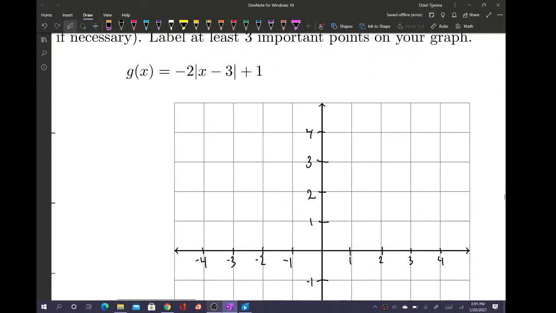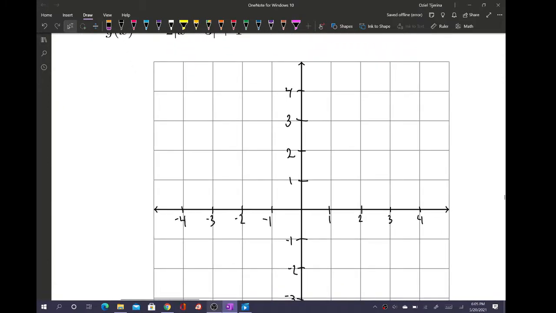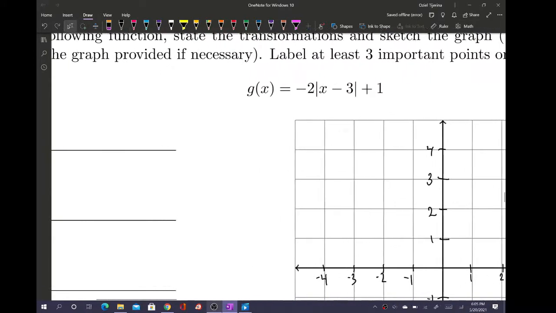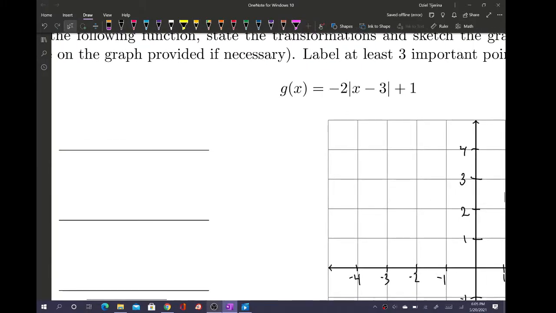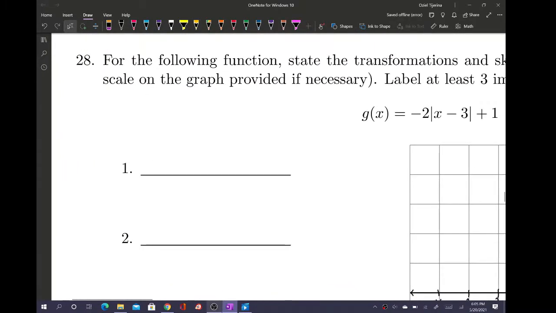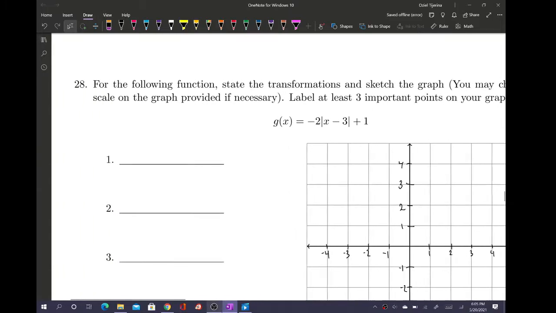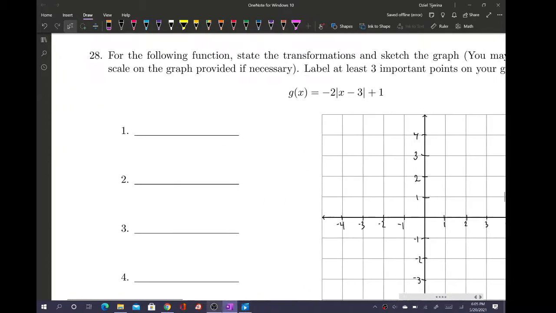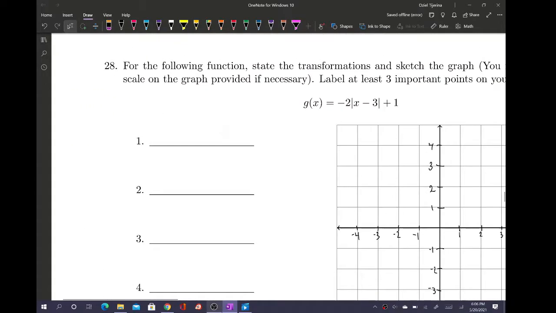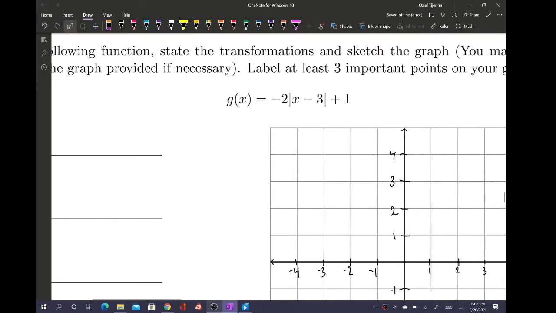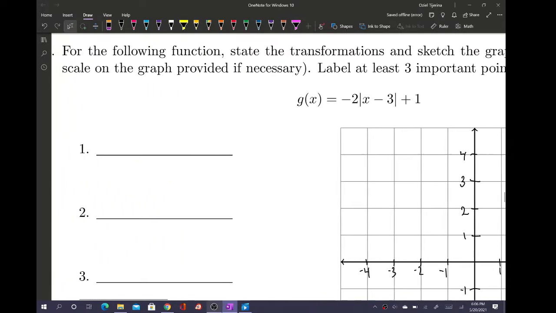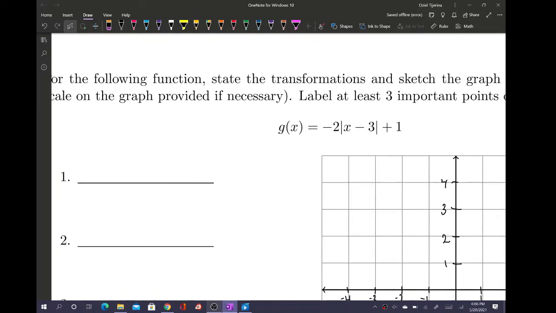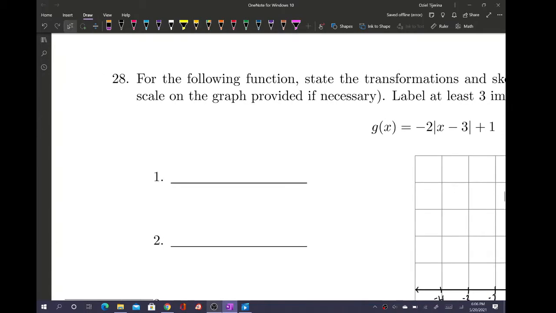All right, so to graph this one, it says to state the transformation. Now, I don't know what these parts represent, or the parts where it says 1, 2, and 3, but I do know that maybe I can put them here.